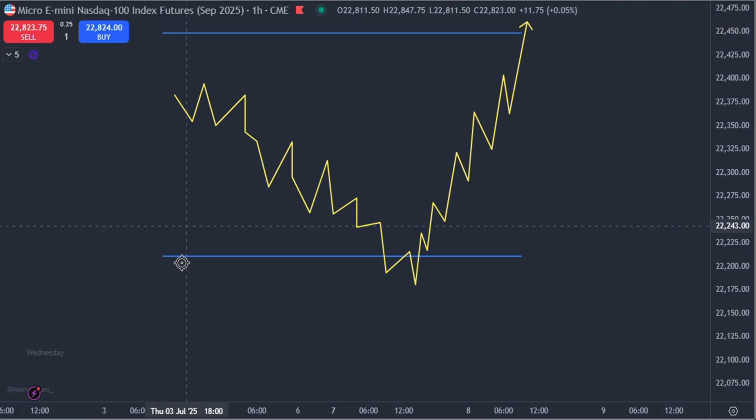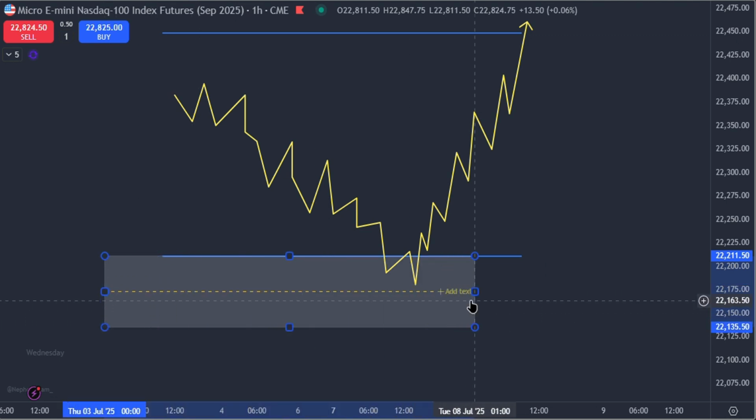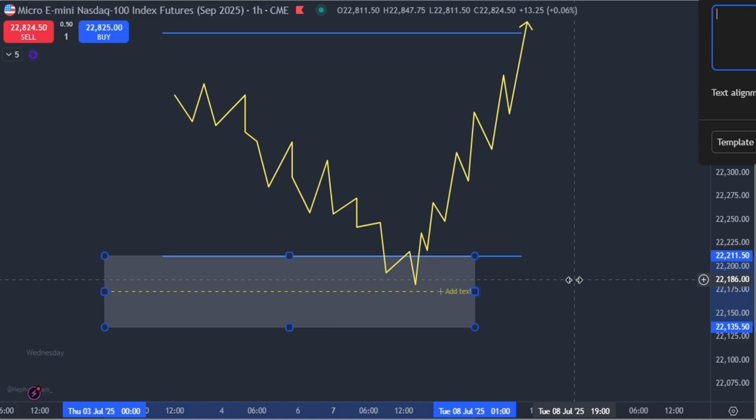So on the higher time frame, I use the 1 hour time frame. I look for either a 1 hour POI, which is point of interest. It can be an order block.